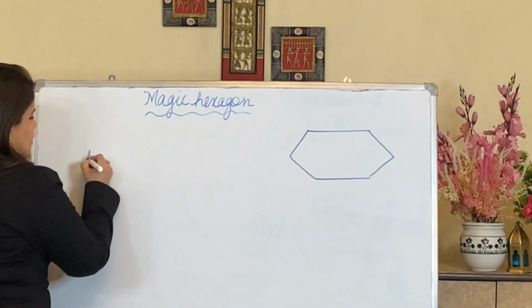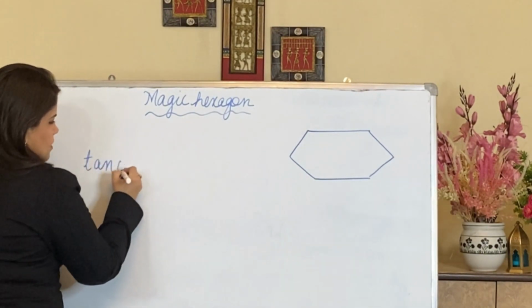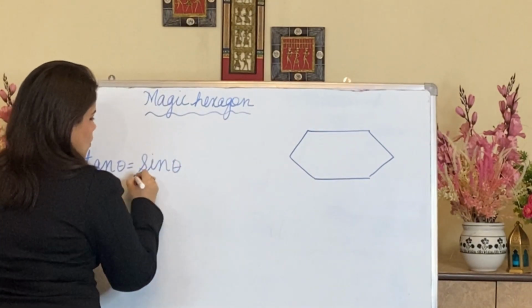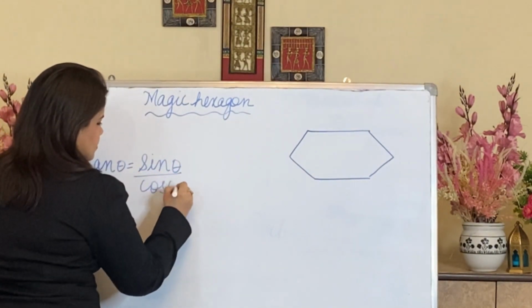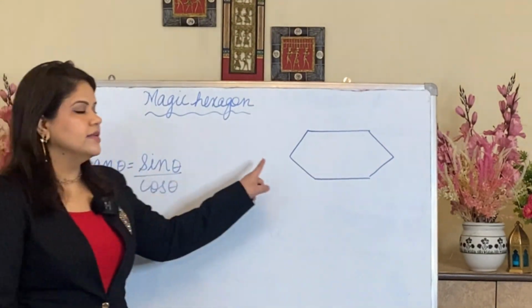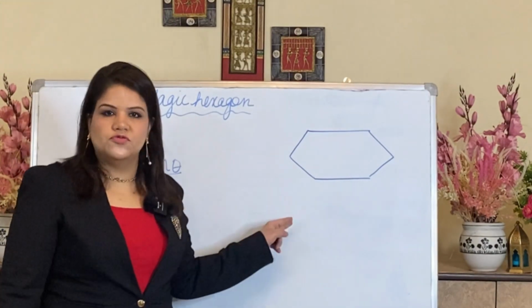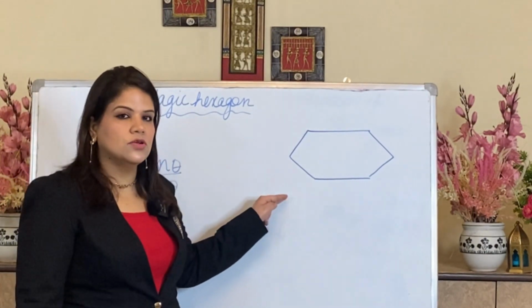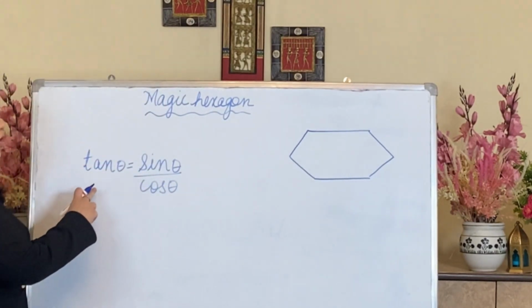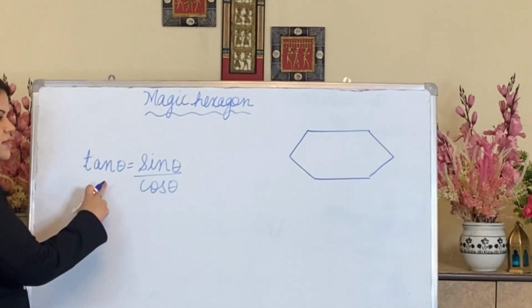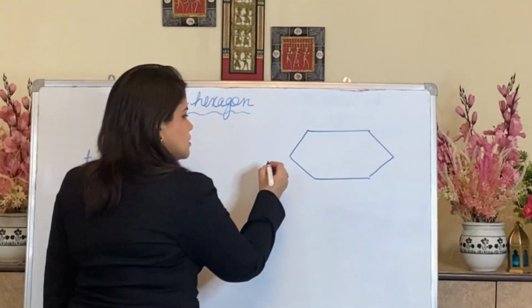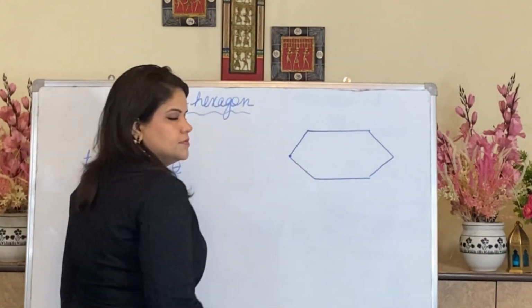We know that tan theta is equal to sin theta upon cos theta. This will help me to write the names here. There are few rules which we will follow for writing the trigonometric functions here. One, I will be following this rule: tan theta is equal to sin theta upon cos theta, starting from this point.